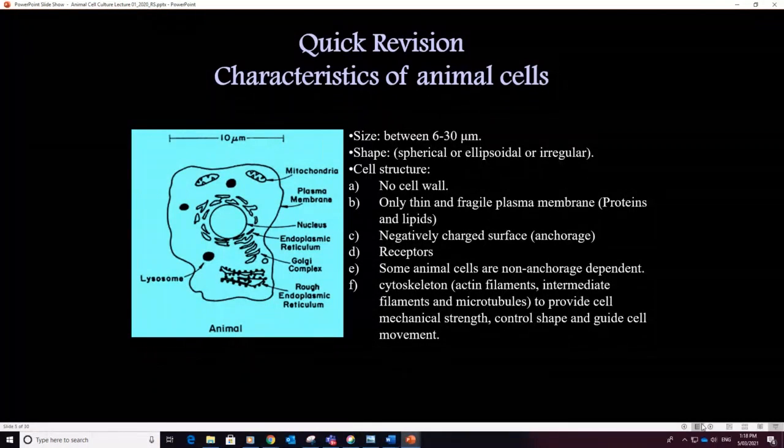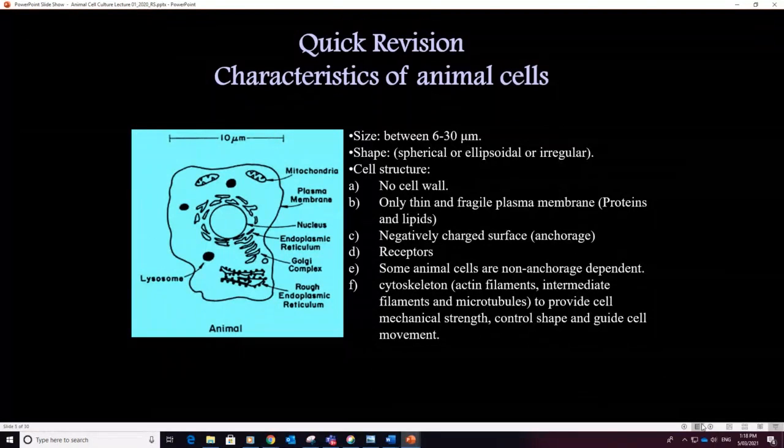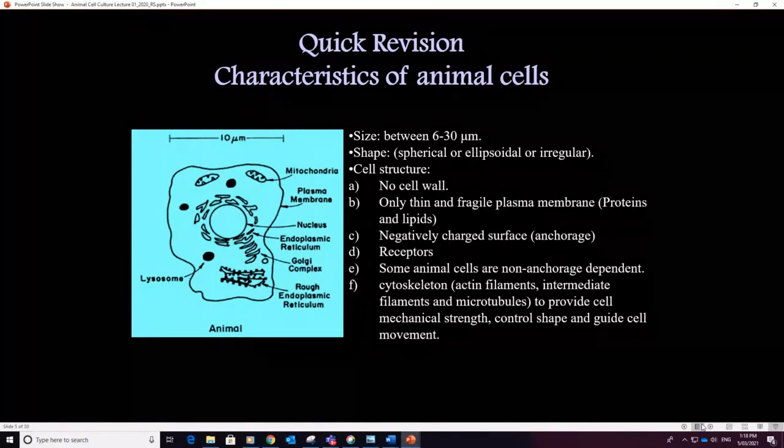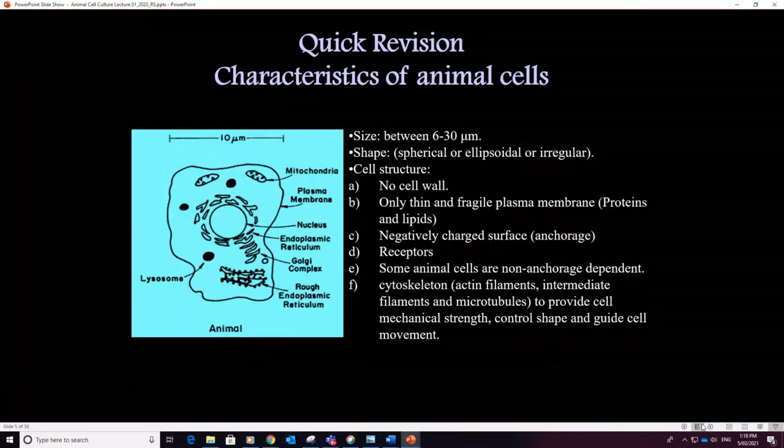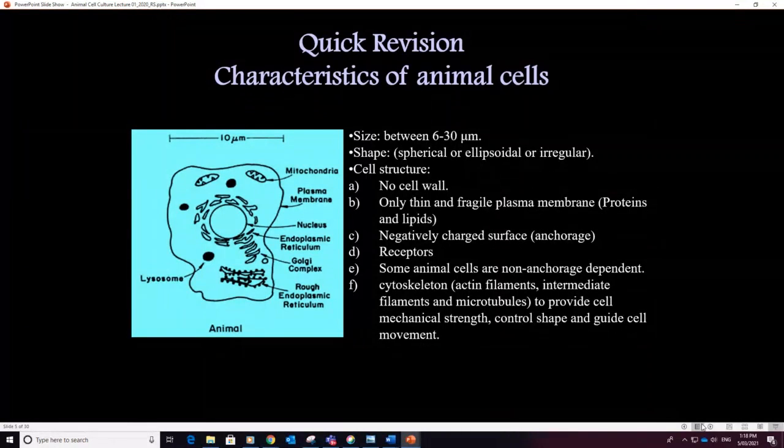So I'm trying to introduce them and we'll go on. And then the cytoskeleton, right? Animal cells have a cytoskeleton with actin filaments, intermediate filaments and microtubules to provide cells mechanical strength and control shape and guide. Most of this you have studied already in your previous year and VCE. I was just brushing it up.